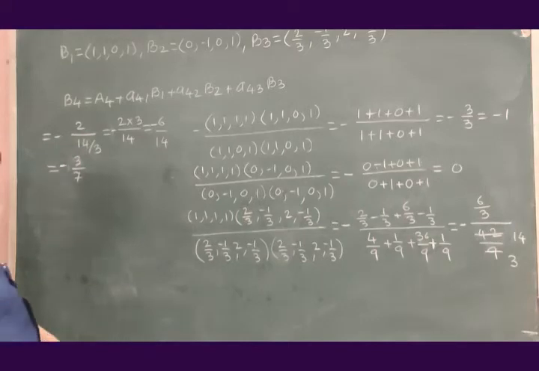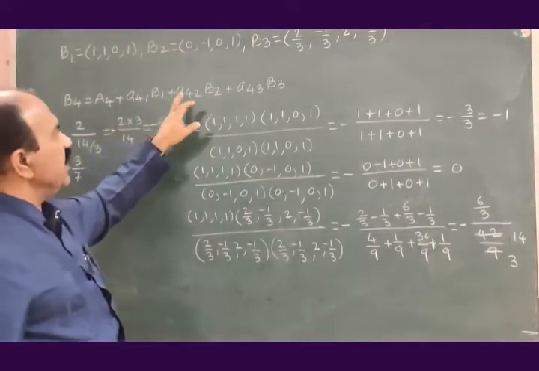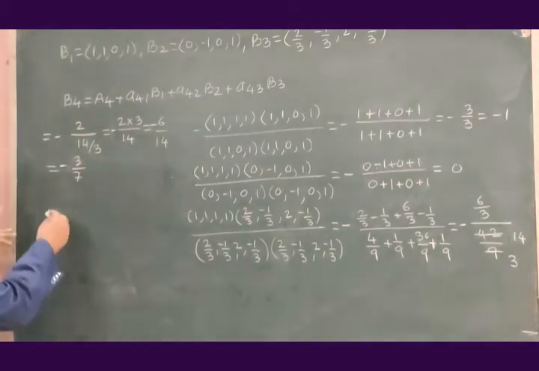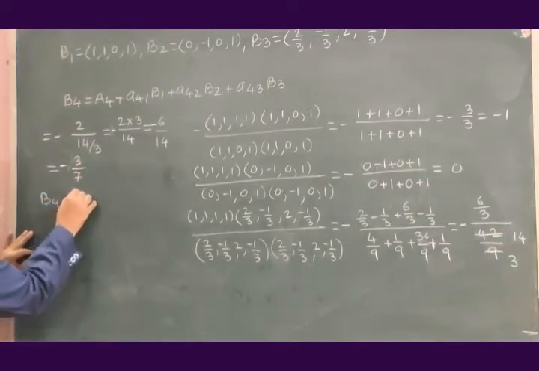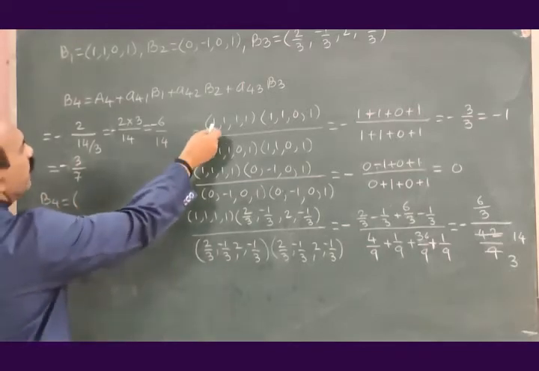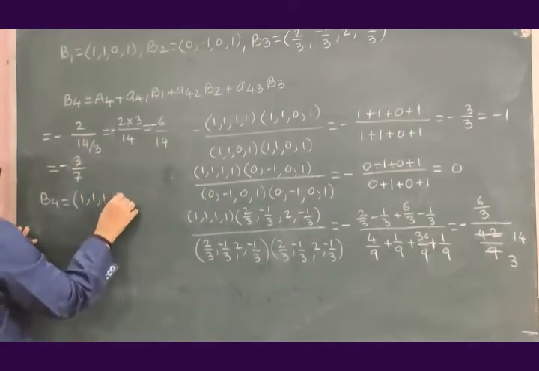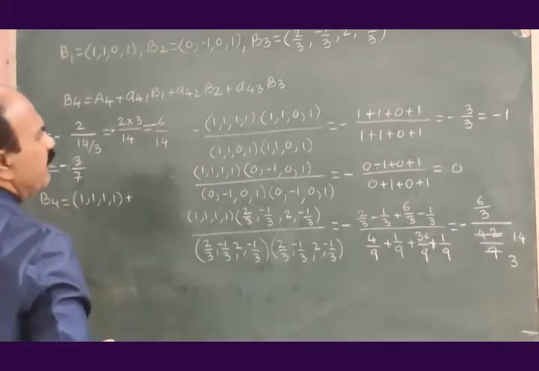And now let me substitute values of A4, A41, A42, A43 to get B4. So B4 is equal to A4. A4 is this 1, 1, 1, 1 plus A41 B1.